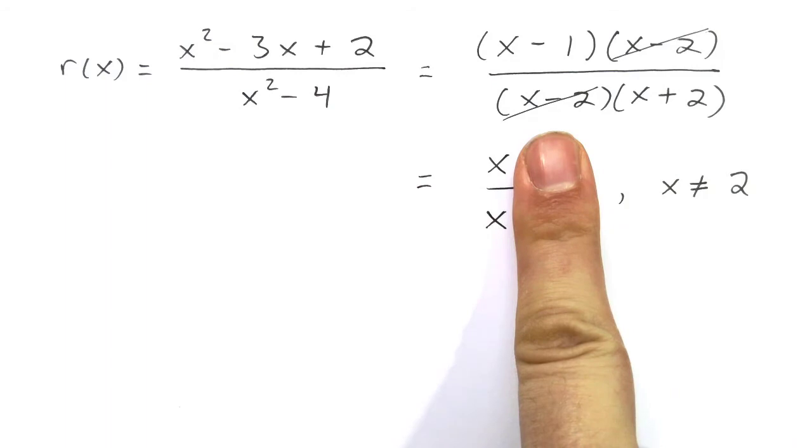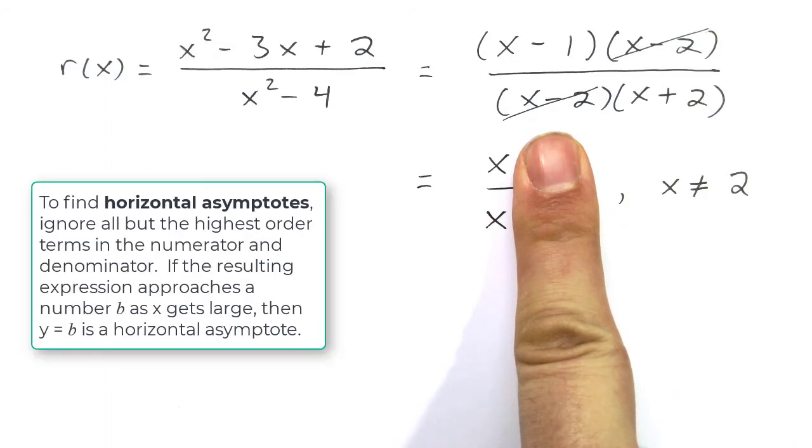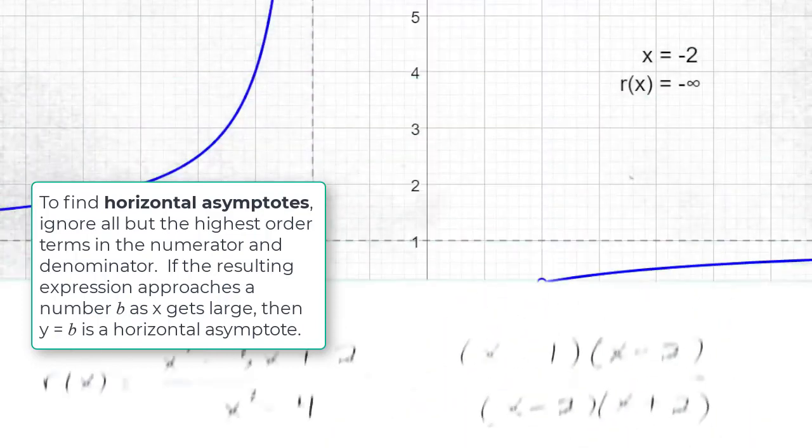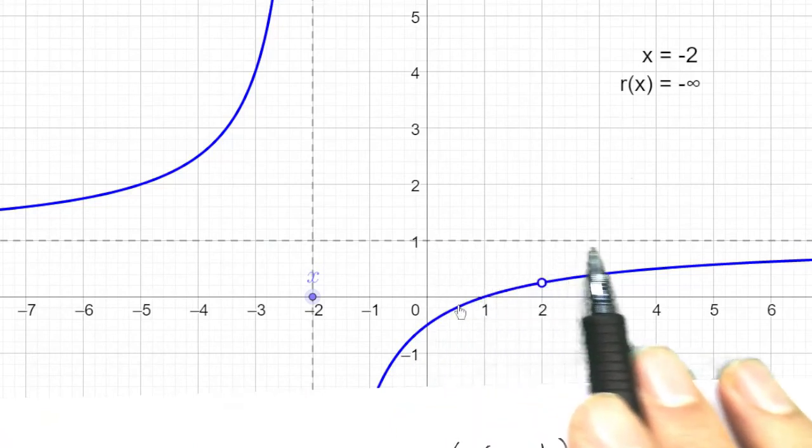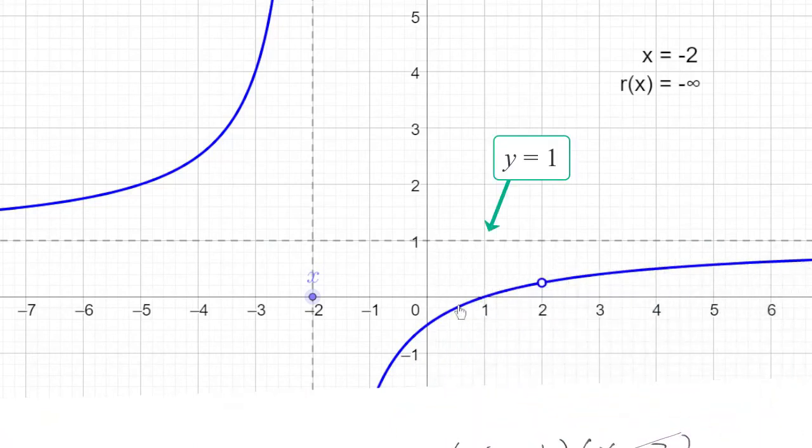And if I look at what's left over, I see I got x over x. That simplifies to 1. So what we're saying is that when x is very large, r of x is close to 1. And that is why we have a horizontal asymptote going through 1 here. The equation of that horizontal asymptote is y equals 1.